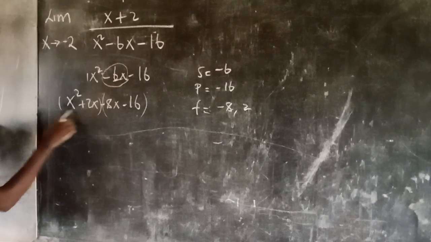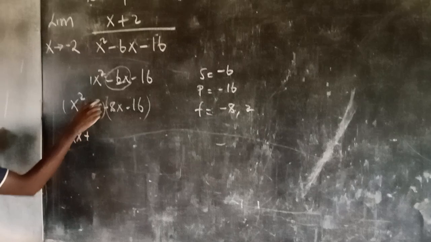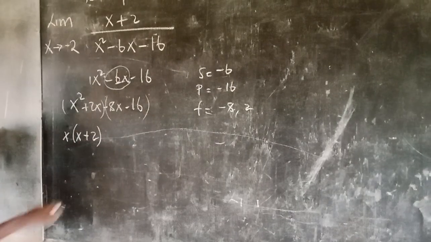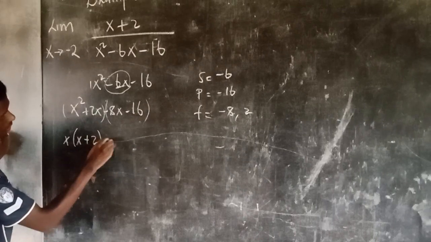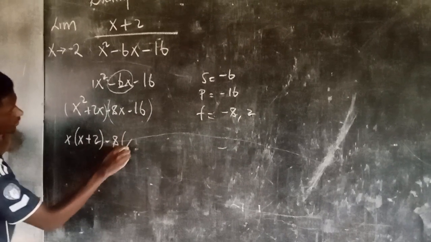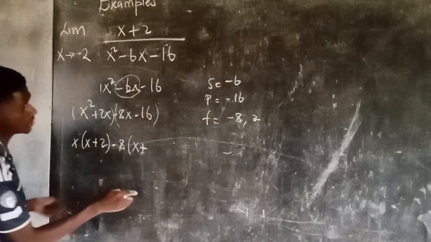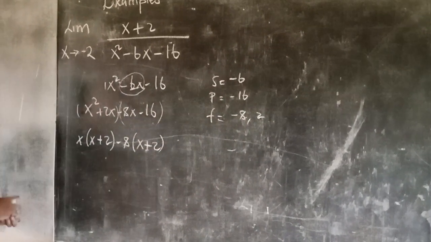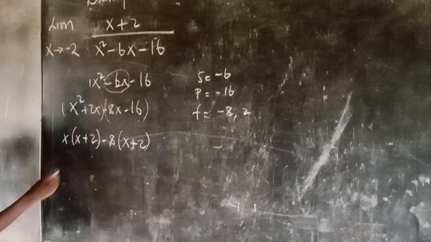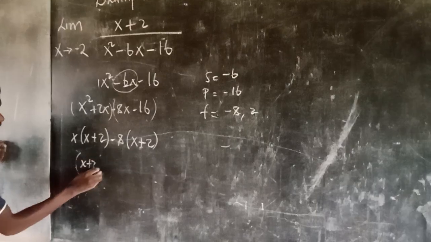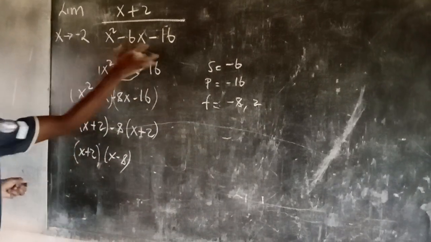So you have x there, and if you factor out x here, you have x plus 2. Here, when you factor out negative 8, because negative 8 is common, you remain with x plus 2, because I factored out negative 8. So these are the same, you just get 1. So you have x plus 2, x minus 8 as your factors of this function.